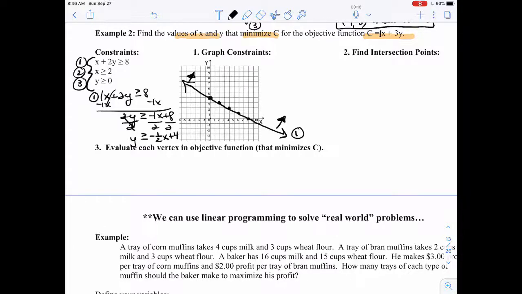Our second equation's boundary is x equals 2. Recall that x equals equations are vertical lines, so in this case our boundary will be a vertical line, x equals 2, and we want all x coordinates greater than that boundary, so we're going to go to the right of that boundary.